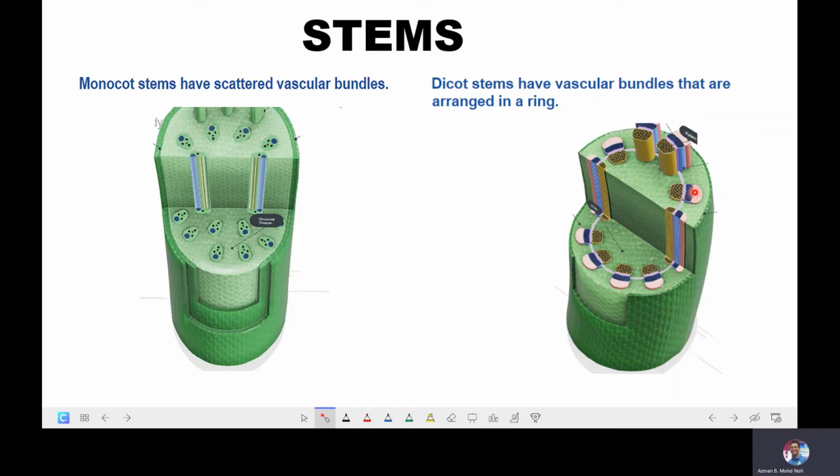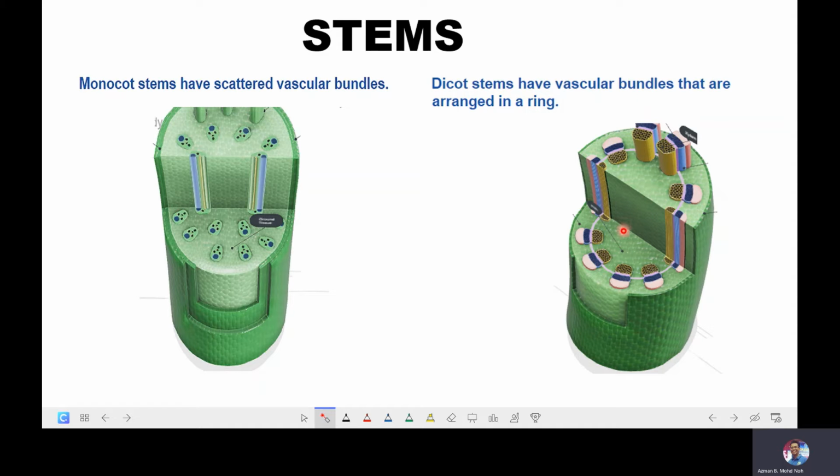Meanwhile, this blue part over here will be the phloem, and this white section over here refers to the sclerenchyma tissue. In the middle of the dicot stem will be the part that we call the pith, umpulur in Malay.